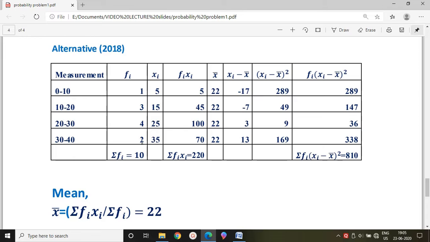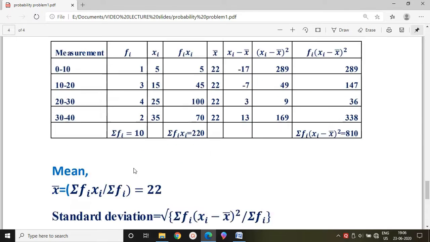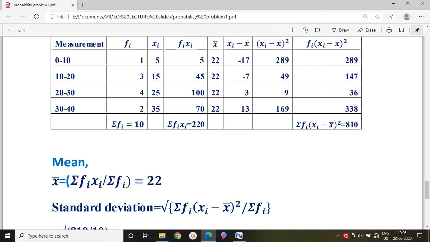For 35 the frequency is 2. Then you take the product fi xi, and the sum over fi xi comes out to be 220, and the sum over fi, the total frequency, is 10. Then the mean will be sum over fi xi by sum over fi, which comes out to be 220 by 10 equals 22. So this is how you calculate the mean for a frequency distribution.